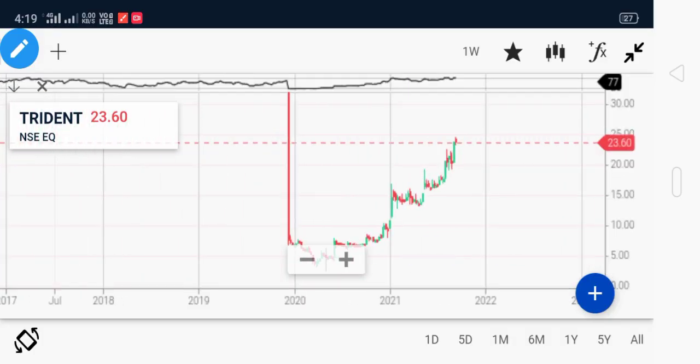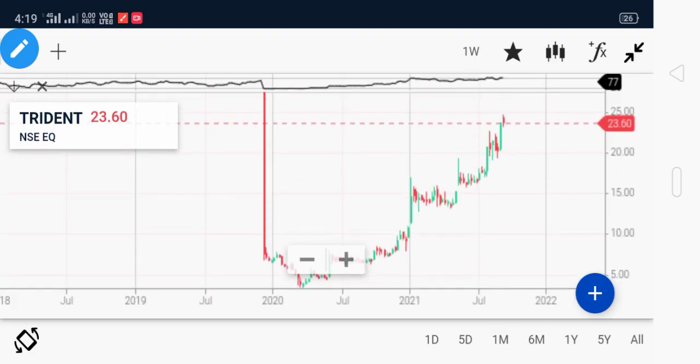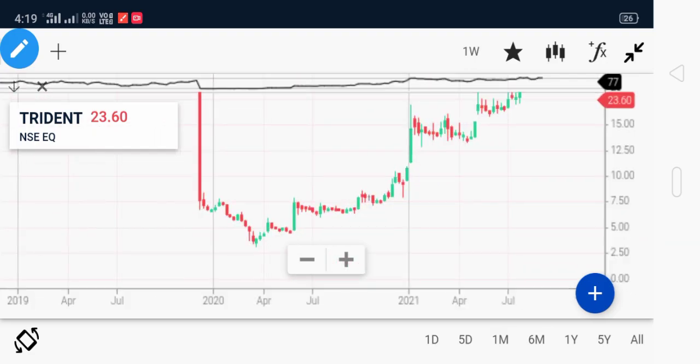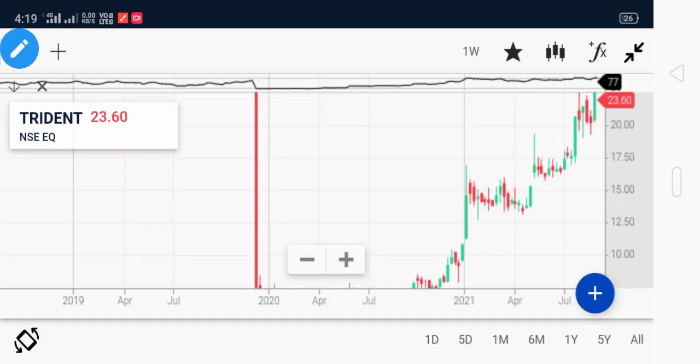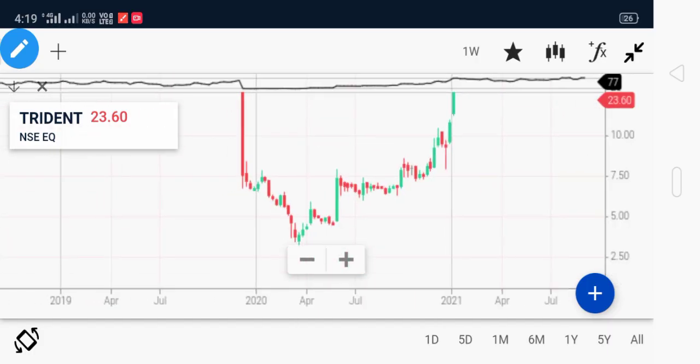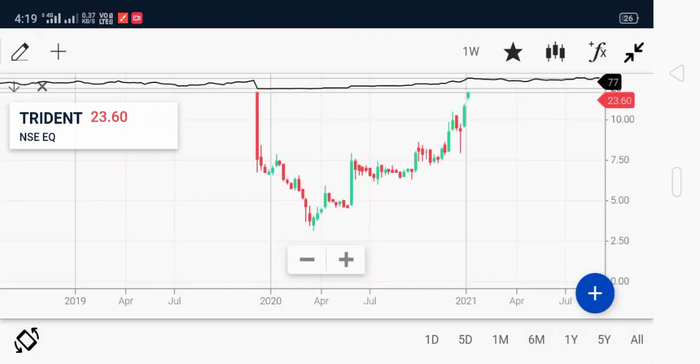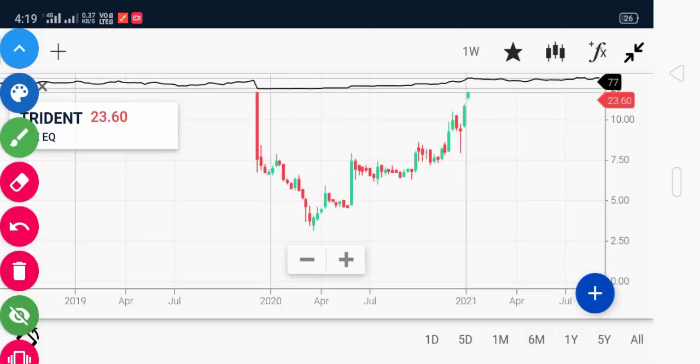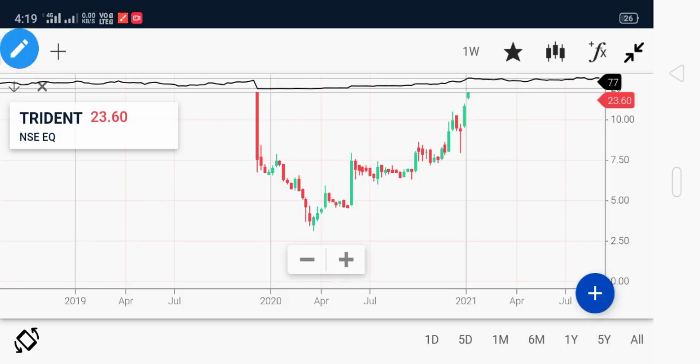Yes, I could see a half moon at this place. Let me show you. From this place, the stock came down and then went up in a circular manner.